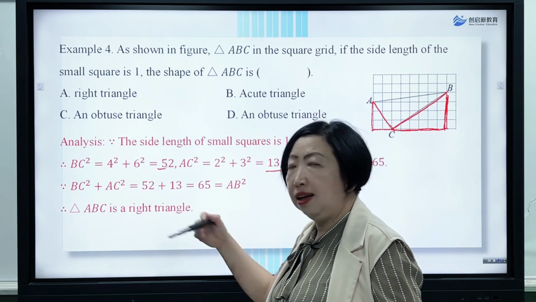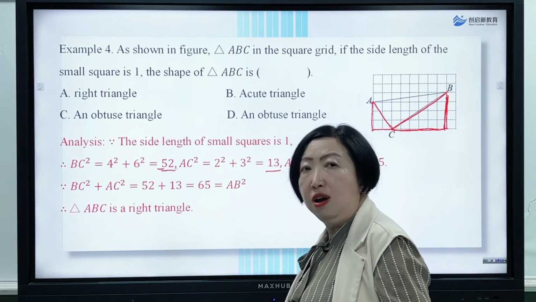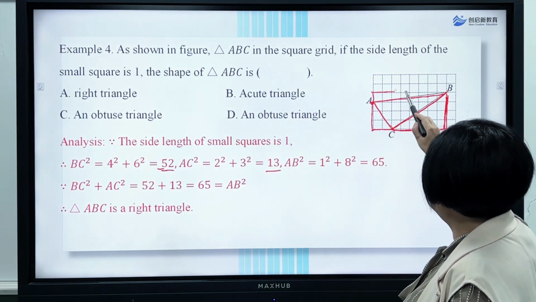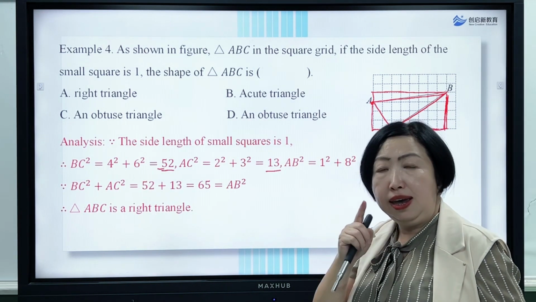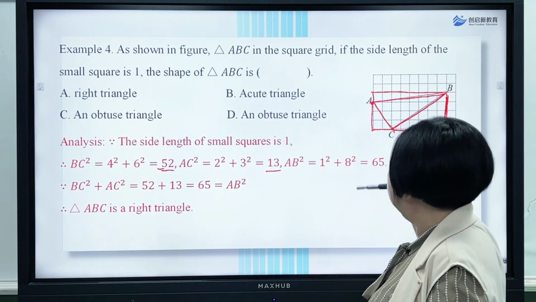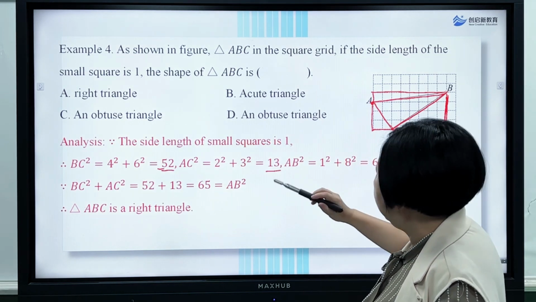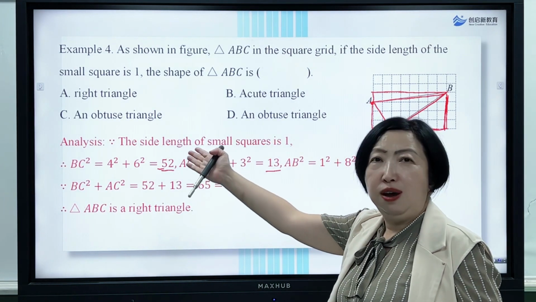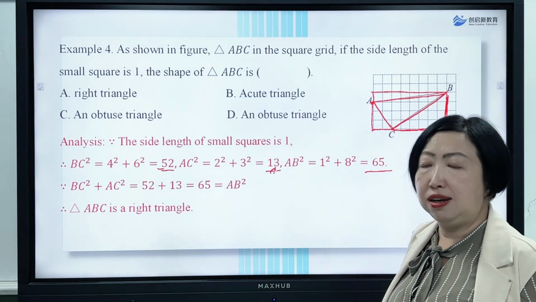Of course, 16 plus 36 is 52. And AB here is 1 and 7, so the square of AB is the square of 1 plus the square of 7, which is 50... it's 65.